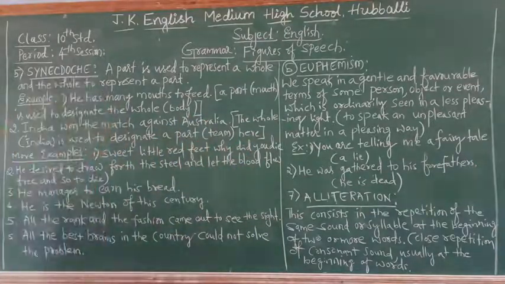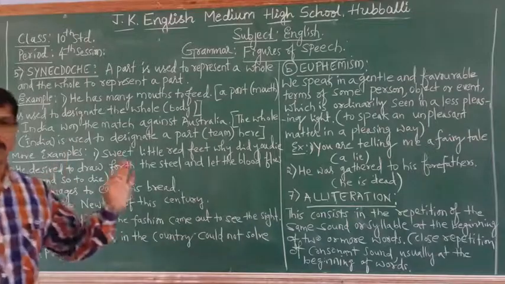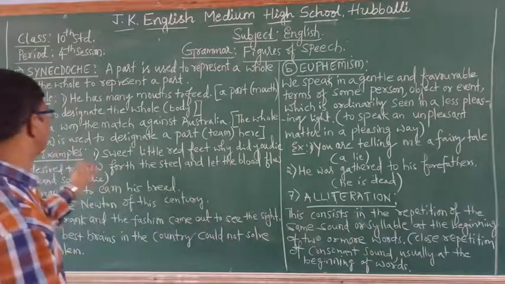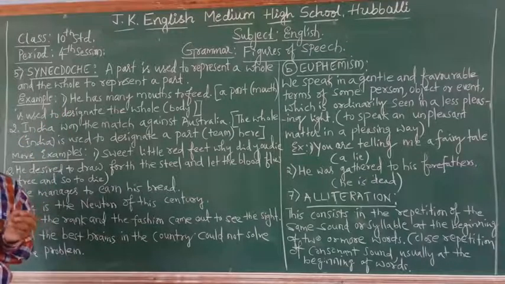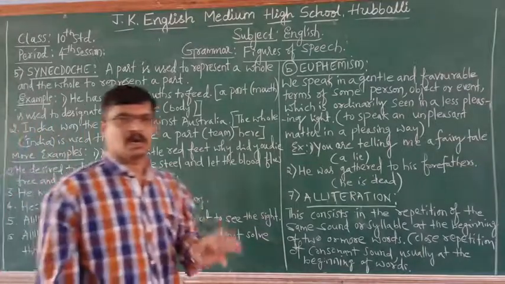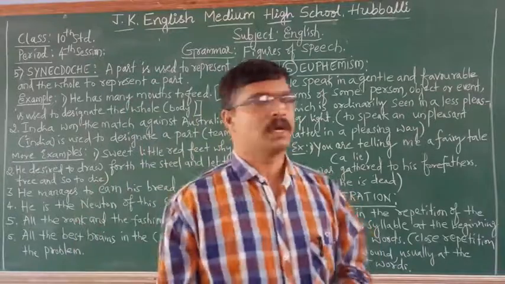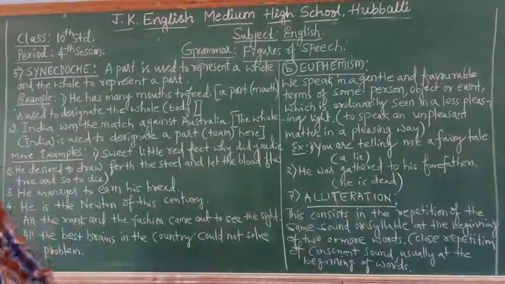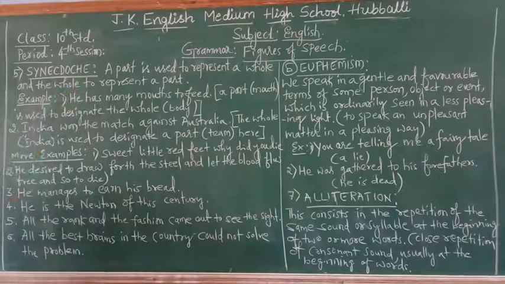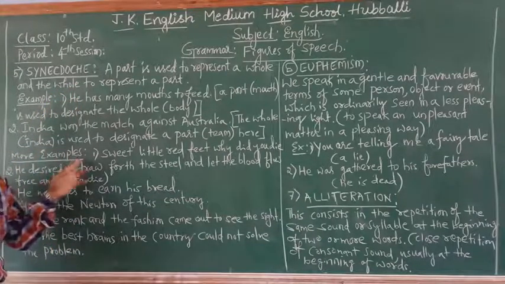A team is considered a part, and the whole is considered India. This type of sentence, which uses a part to represent a whole and a whole to represent a part, is called synecdoche.